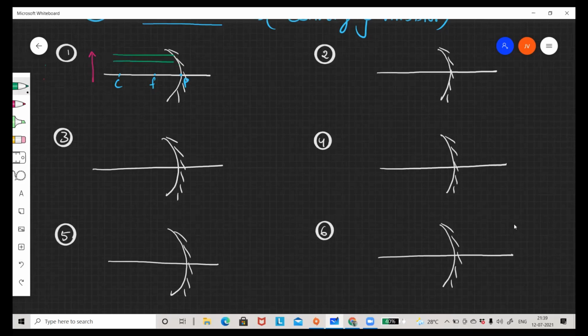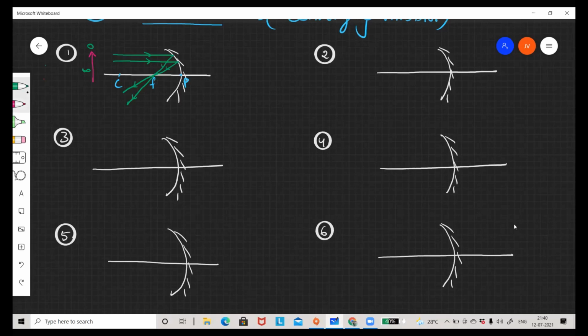If object is at infinity, image forms at or on F. First rule of image formation: if a ray of light is parallel to principal axis, after reflection, it passes through F.